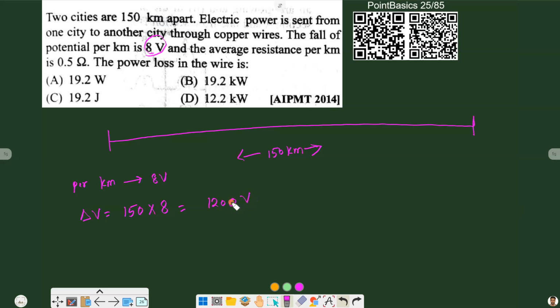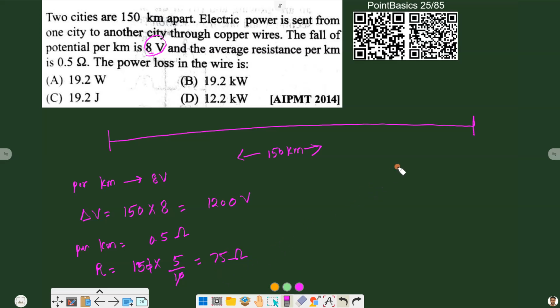volts. So this is the drop of potential, and resistance per kilometer is 0.5. So per kilometer resistance is 0.5 ohm. So total resistance, you can say R, will be 150 into 0.5, that is 75 ohms.